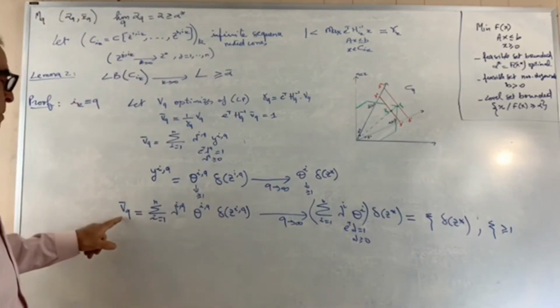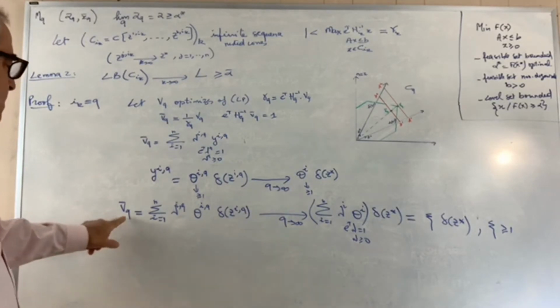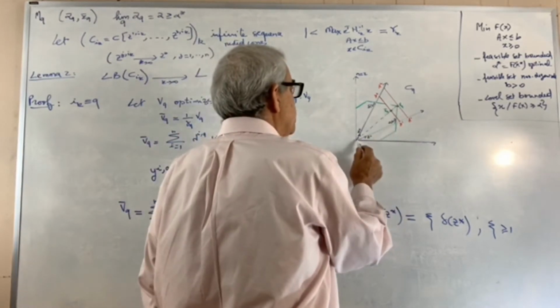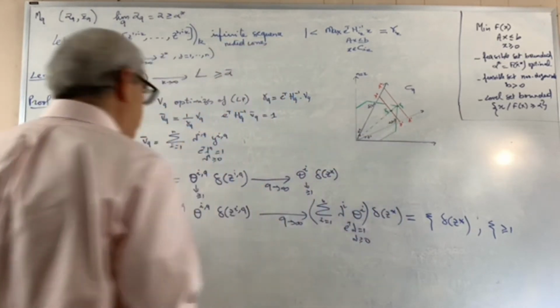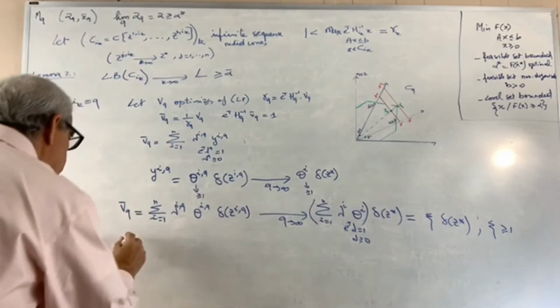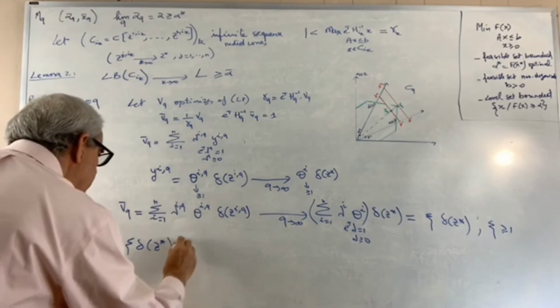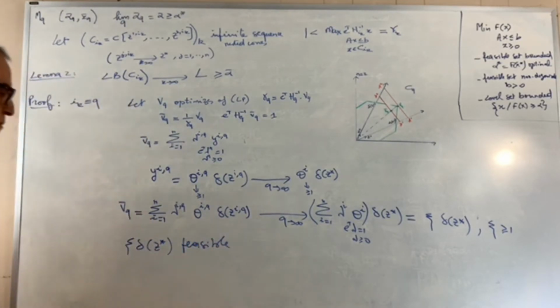But V bar q is a feasible point, right? Because v_q is a feasible point and 0 is a feasible point. So any point on the line V bar q is a feasible point. So psi delta of z star is feasible, right?